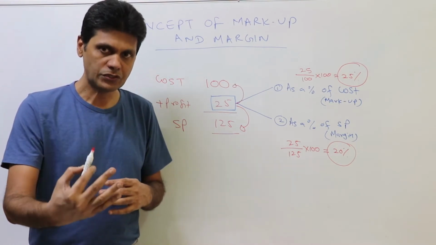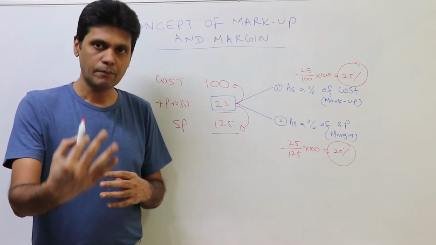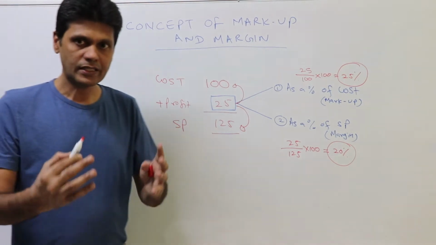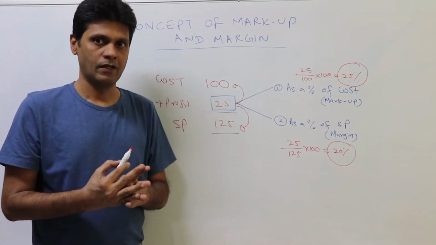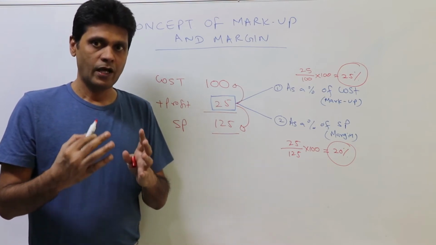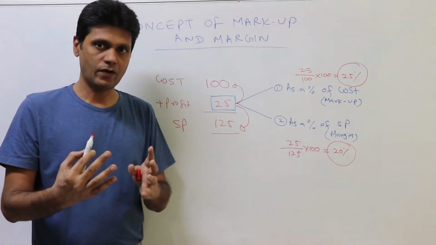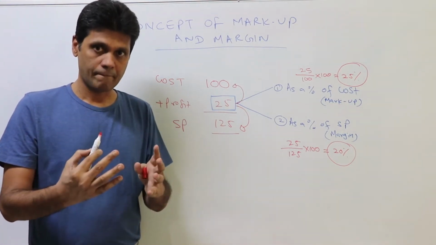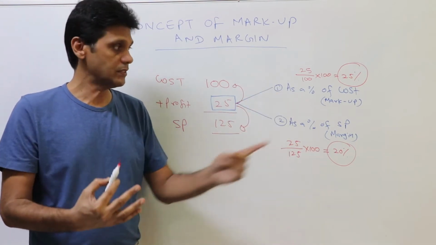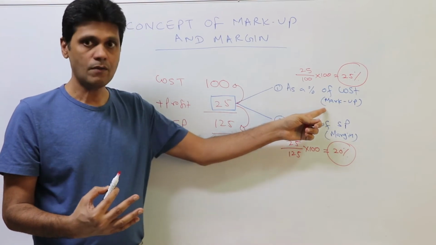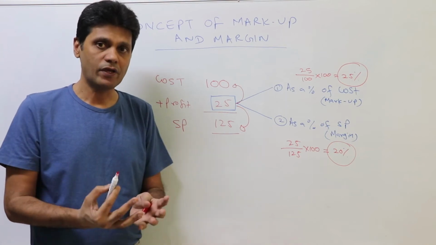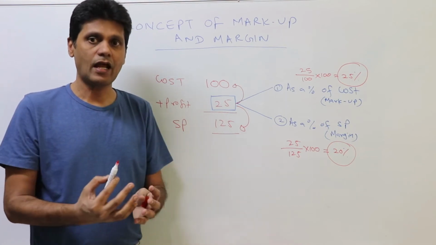When it comes to a question, this will be a little bit complicated. Therefore, in order to understand this concept, I am going to explain: if you are given a question to identify the profit, and the profit is expressed as a percentage of markup or as a percentage of margin, what is the simple way and how can we calculate the profit?